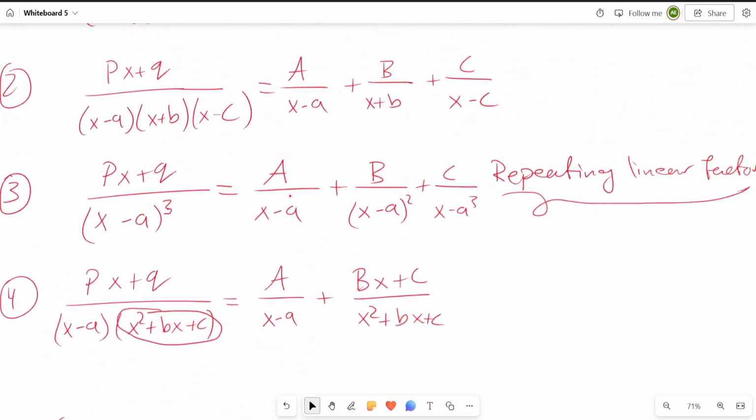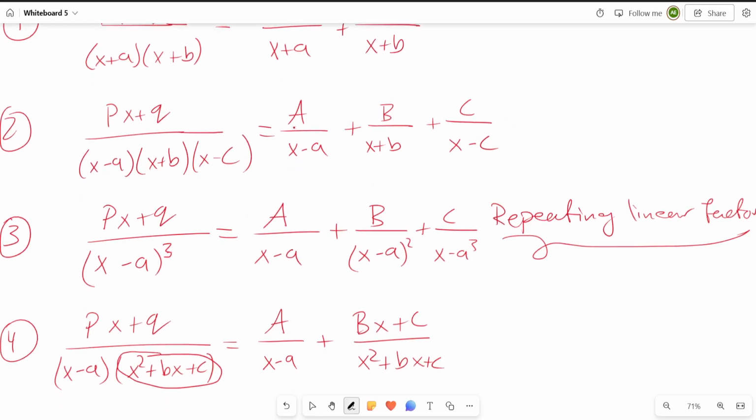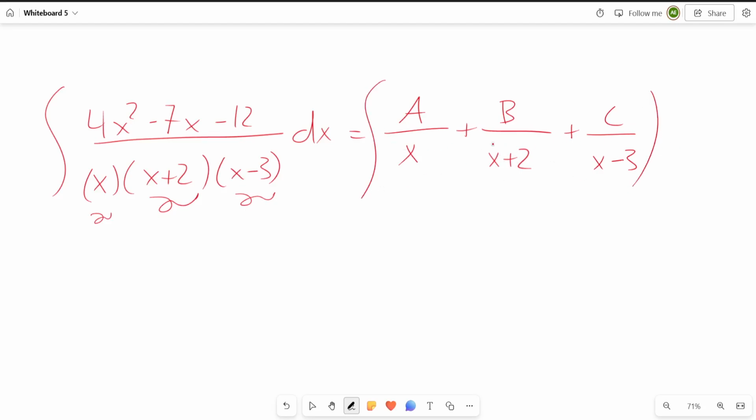This is similar to the second case, I just have 3 linear factors, so I'm going to use the second case to solve. So this is going to equal a over the first linear factor plus b over the second linear factor plus c over the third one over here. And again, this is the same as the integration of this with respect to dx.